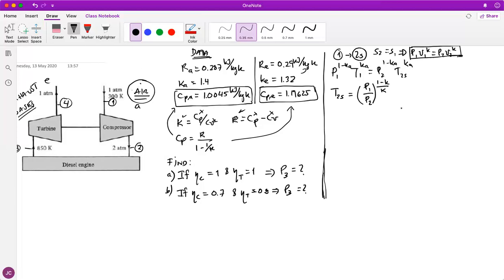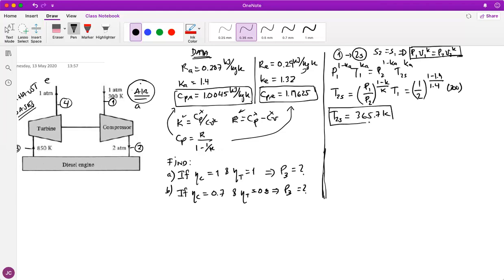Okay, now having said that, I'm going to calculate it, and maybe you see that this is going to be 1 divided by 2 atmospheres, to the power (1 minus 1.4) divided by 1.4, and T1 is actually 300 Kelvin. Now from that calculation, my answer is that I have 365.7 K, okay?